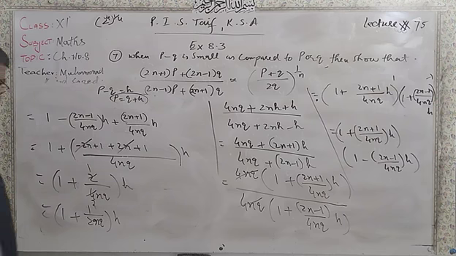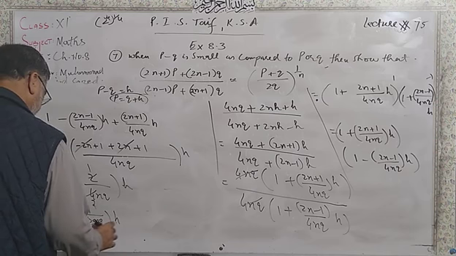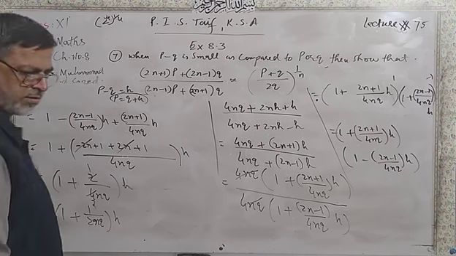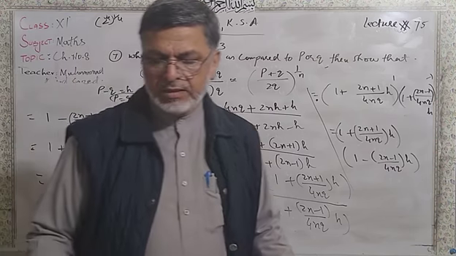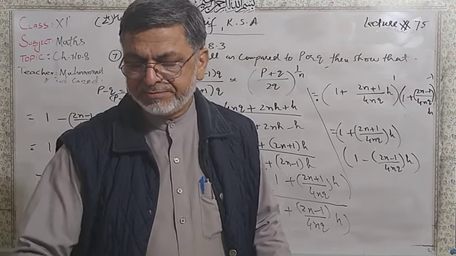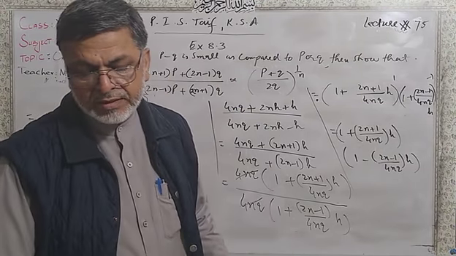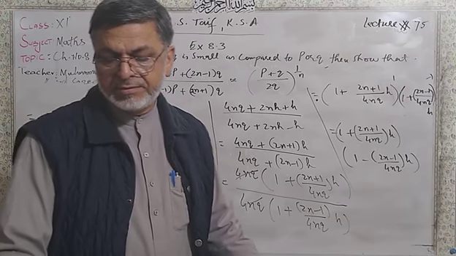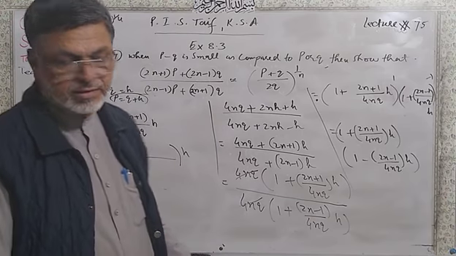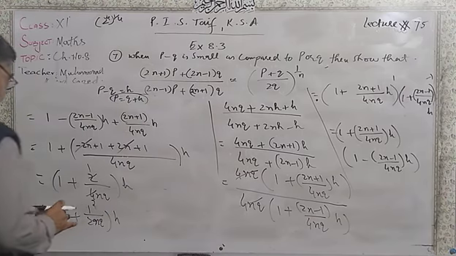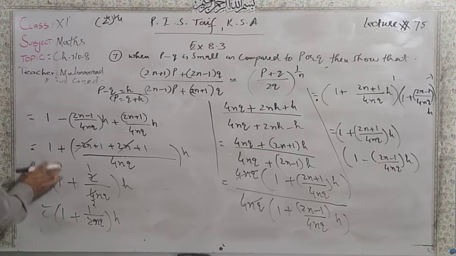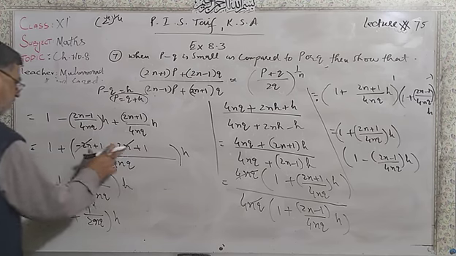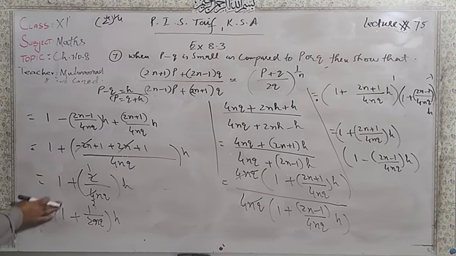So your right hand side was, yes, this was actually 1 outside, so that H was only with these two terms.